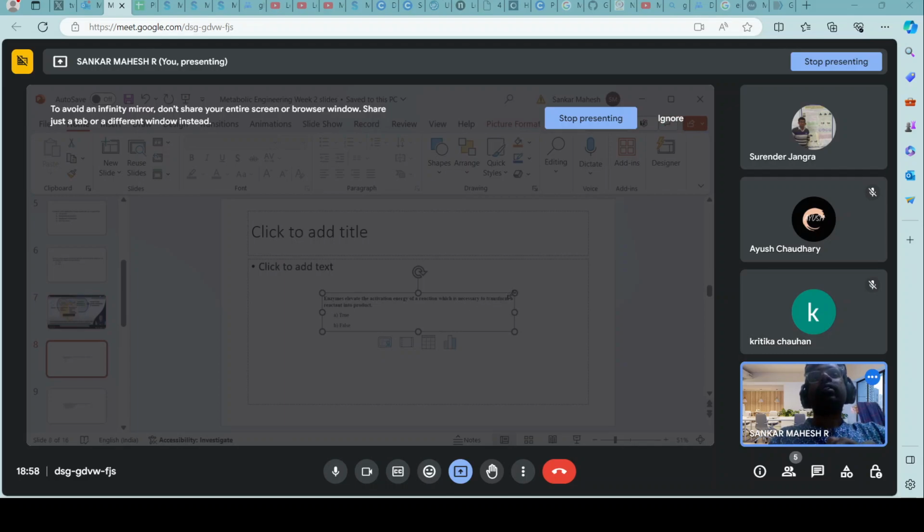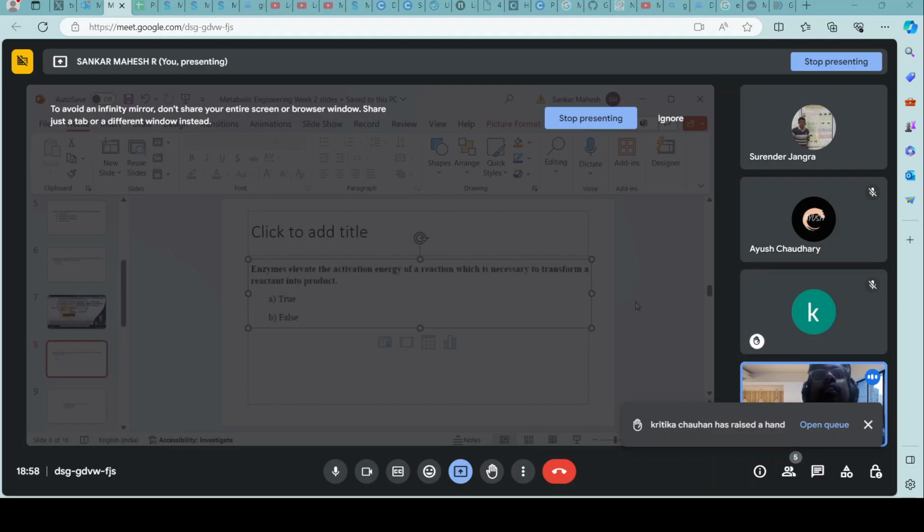The next question is, enzymes elevate the activation energy, which is necessary to transform a reactant into a product. So, we can take a couple of minutes and then, Kritika, you can try to say what activation energy is, followed by which we'll discuss the right answer.